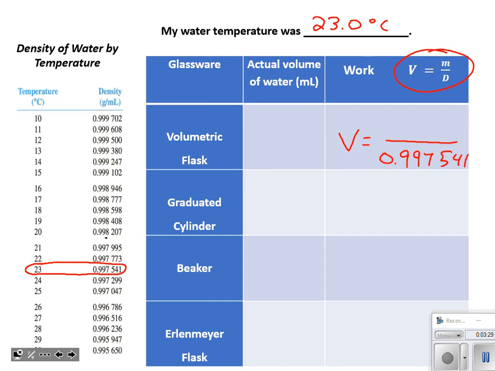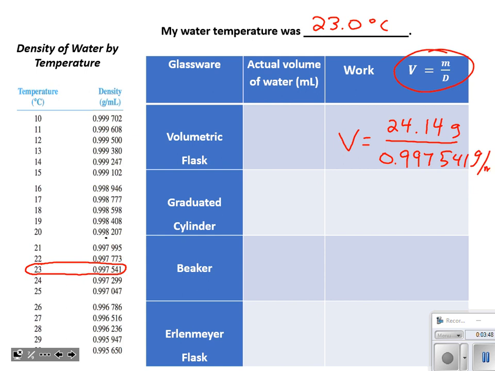As I look at the data here, I can see that the average mass of the volumetric was 24.14 grams.